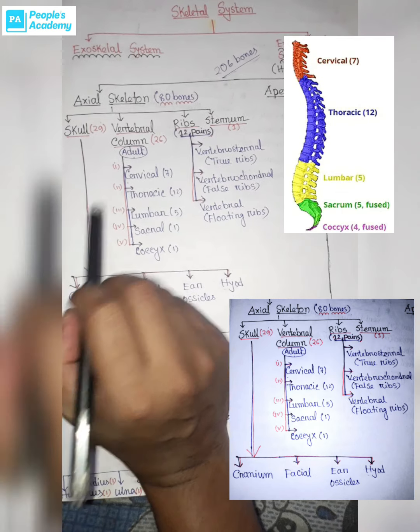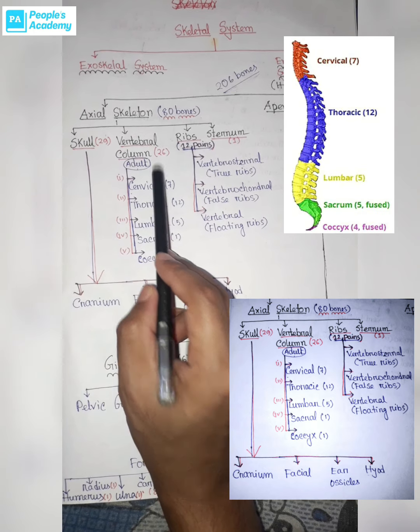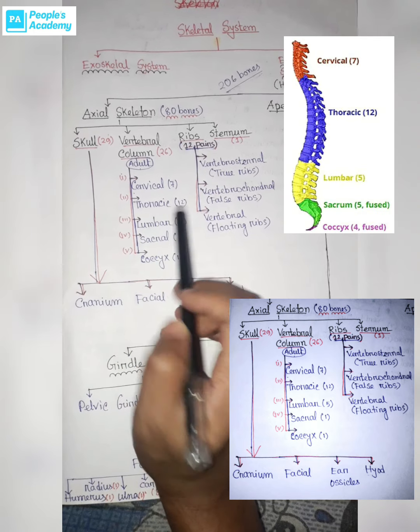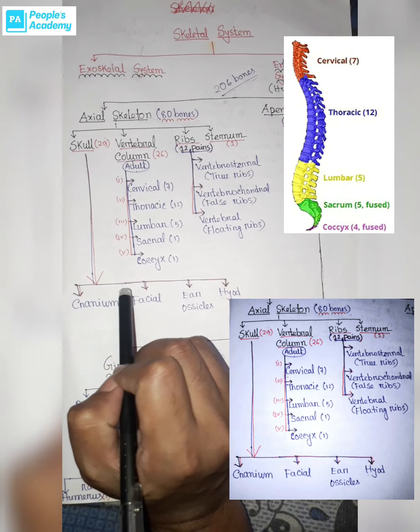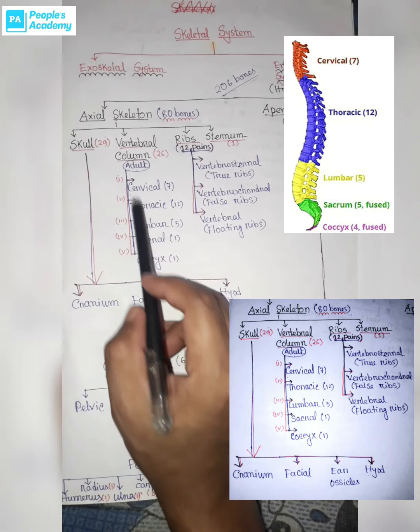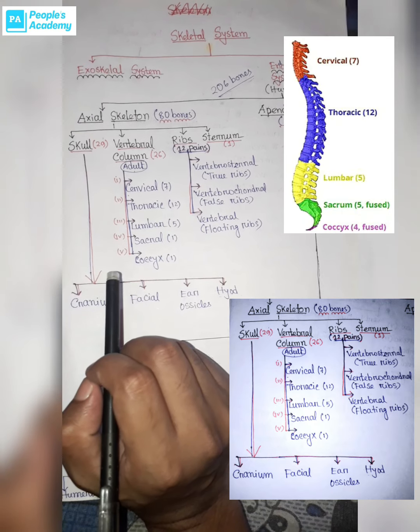The types of vertebrae found in adulthood are cervical, thoracic, lumbar, sacral and coccyx. We are going to discuss this in detail in the next video.